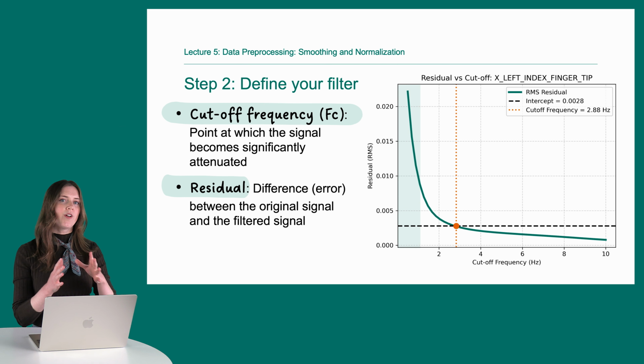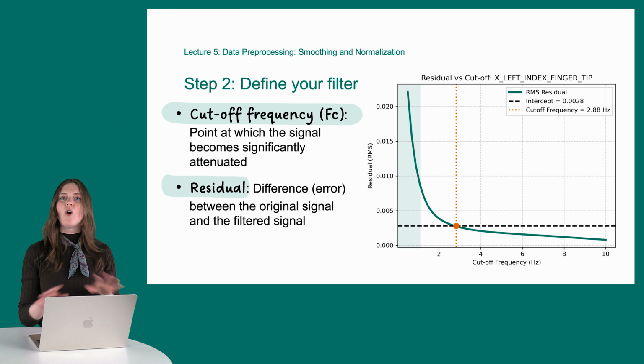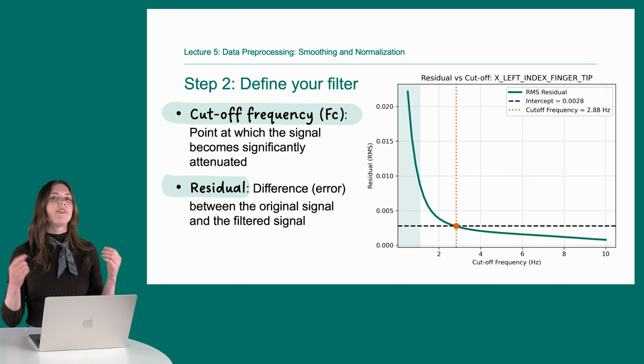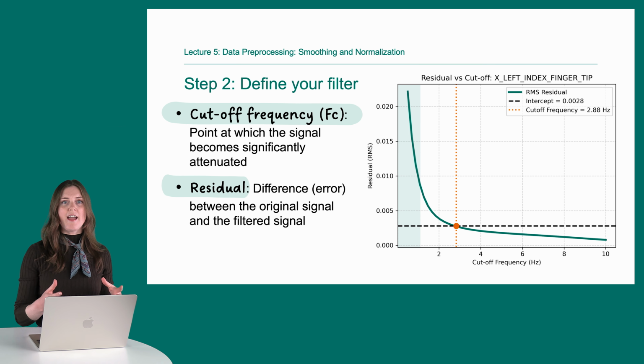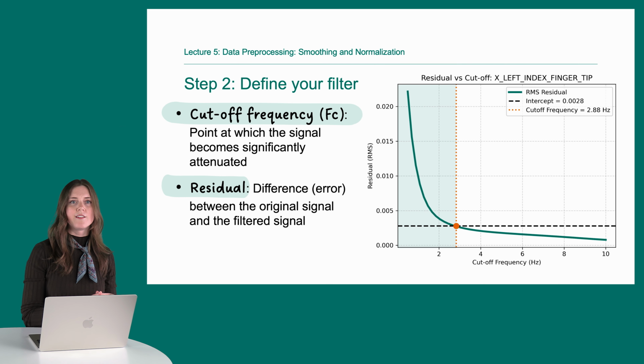So at low cutoff frequencies, the filter is aggressive, smoothing out almost everything. And this means that the residuals are high because there is a big difference between the smoothed and the raw data. As we increase the cutoff frequency, we allow more signal through, so the residuals decrease.